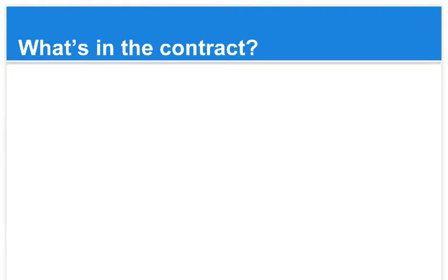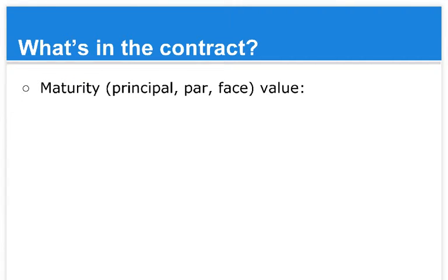So in the contract, what do we have? We have different terms, the first of which is the maturity value, otherwise known as the principal, par or face value. And you need to be familiar with all of those terms.